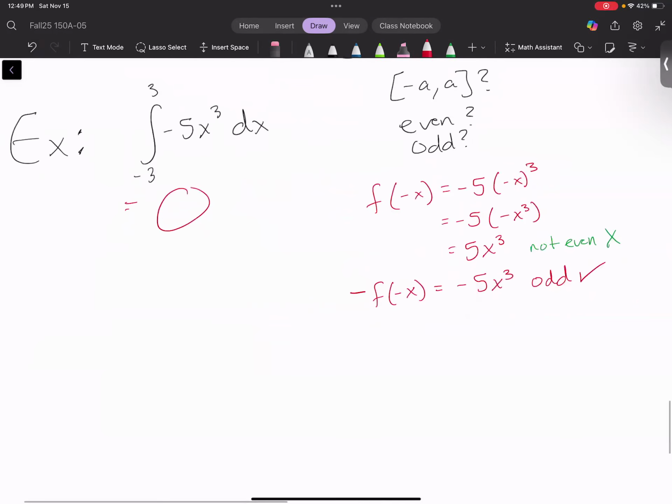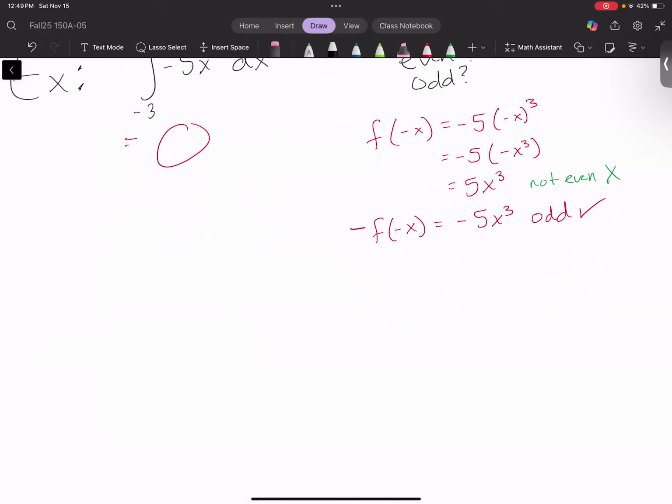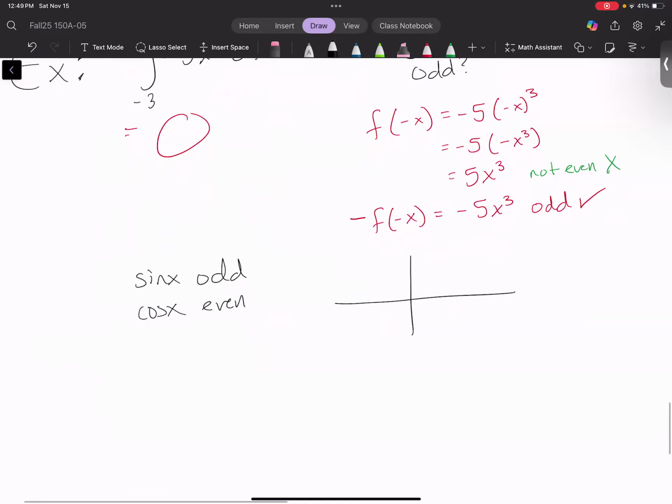Now, just so we remember, sine x is odd and cosine x is even. If you look at the graphs, it's very easy to see. For example, sine x looks like this. Hopefully you can imagine rotating the graph 180 degrees and that you get the same graph.